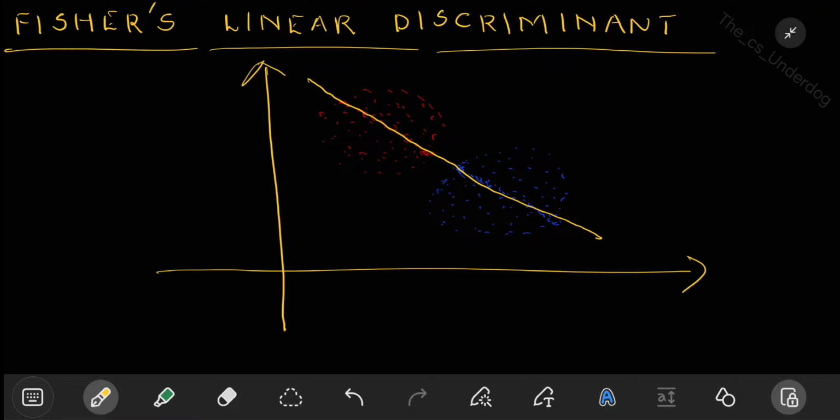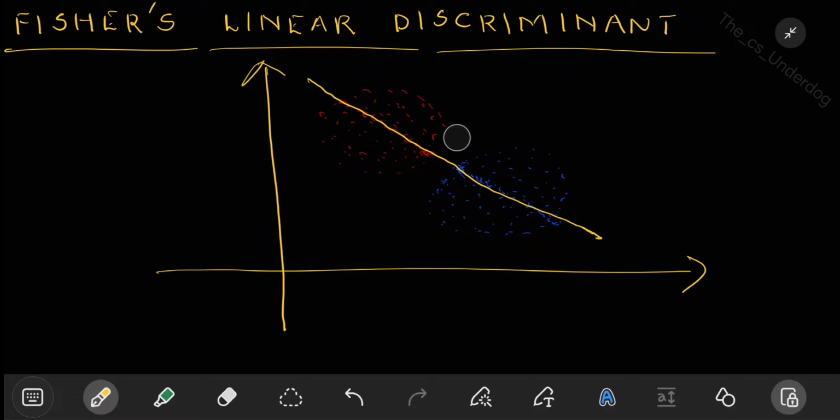For example, if you see this particular axis, when you project all these blue points and all these red points onto the axis, what happens? The between class variance increases. It is the maximum if you choose this axis because you clearly see here is a boundary. All the blue points are towards the right side and all the red points are towards the left side.